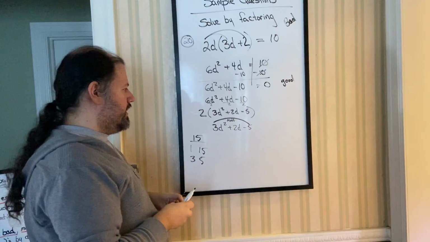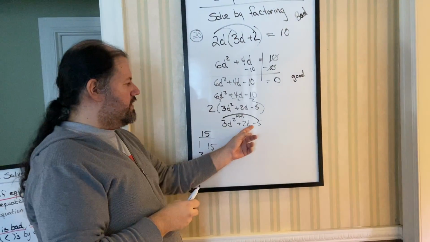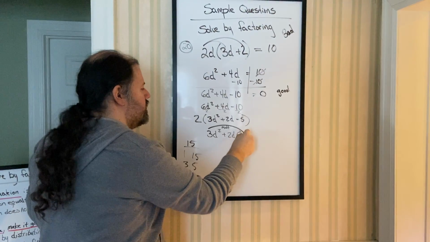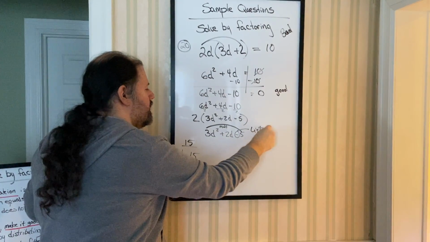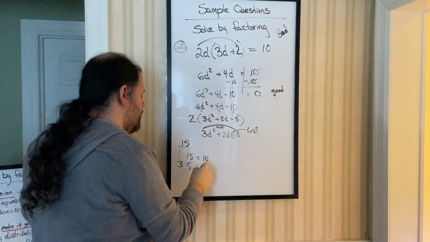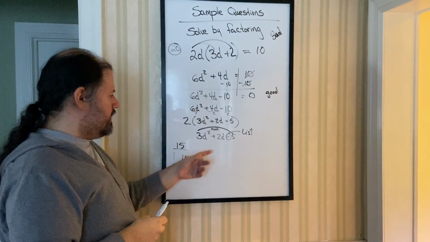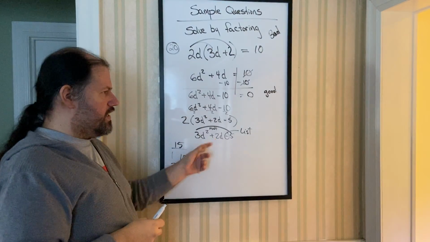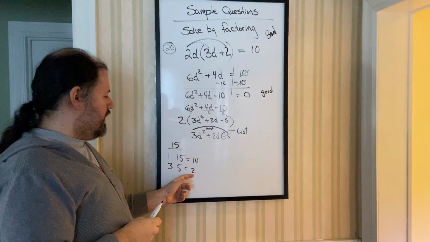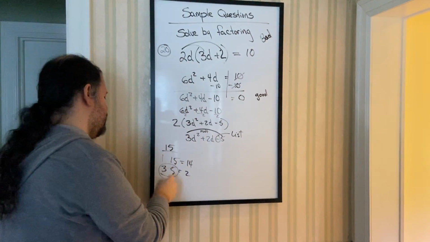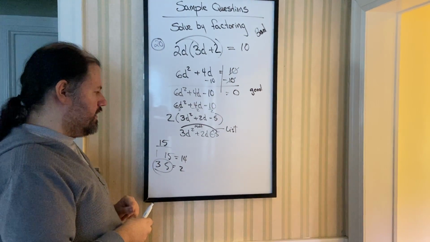Then, step 3. Once you get your combos, let's see if we have to add or subtract the list. Because it's a minus, we're going to subtract the list. So when we subtract, we get 14, we get a 2. Next, once we're done subtracting, choose a combo. So step 4, see how this 2 matches the coefficient in the middle? So that means 3 and 5 is our lucky winner.